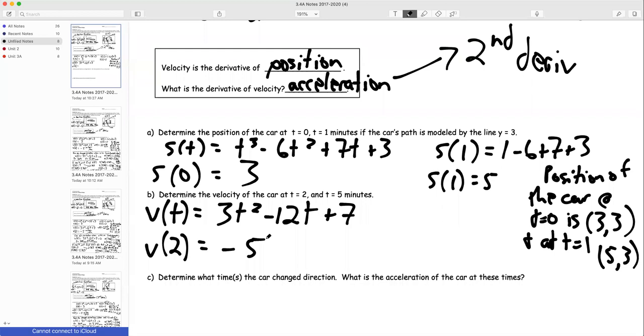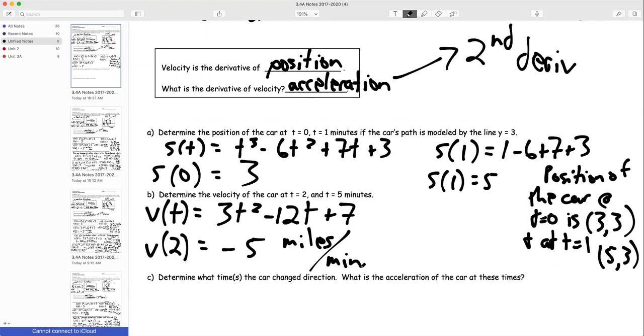And what are my units? Be careful. What do they give me? Position is measured in miles, right? Time, in this case, is measured in minutes. How do we know? It's given.